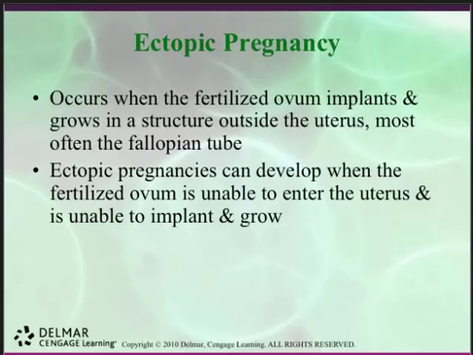These can often result from spontaneous or natural abortions, or artificially induced abortions, or disease processes that produce scar tissue that occludes the tubes. A tubal ligation or previous ectopic pregnancy increases the risk of future ectopic pregnancies.